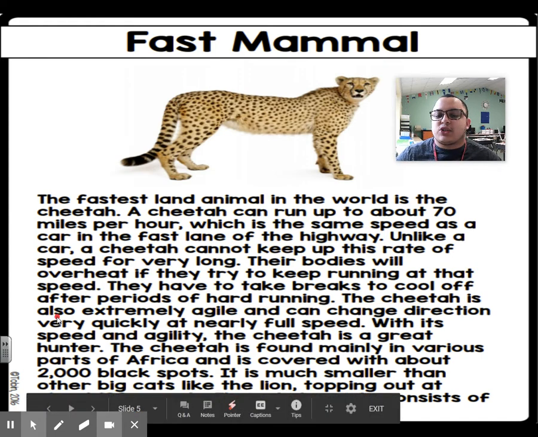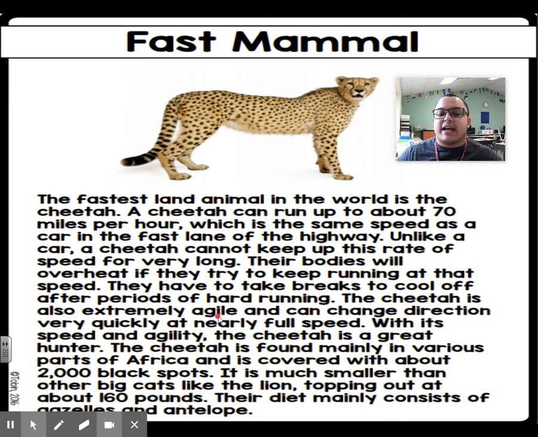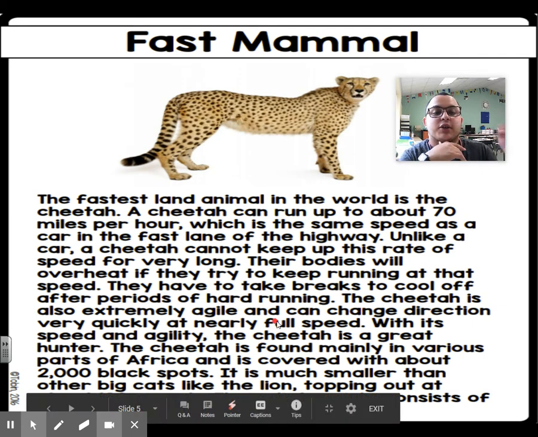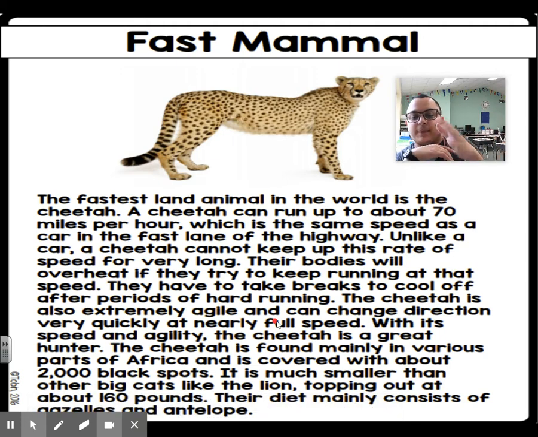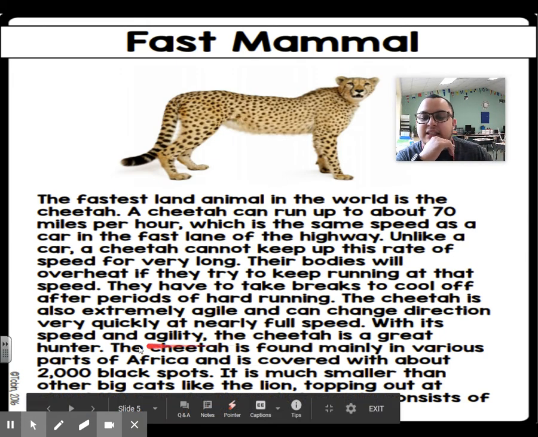The cheetah is also extremely agile and can change direction very quickly at nearly full speed. So I'm thinking of this unknown word here, agile. And I don't know what this word means. But if I keep reading, it says that they can change direction very quickly at nearly full speed. So they can zigzag. All right, the cheetah is a great hunter.